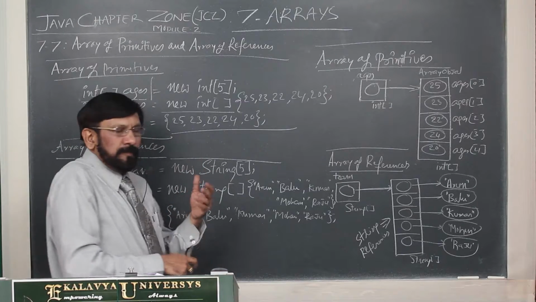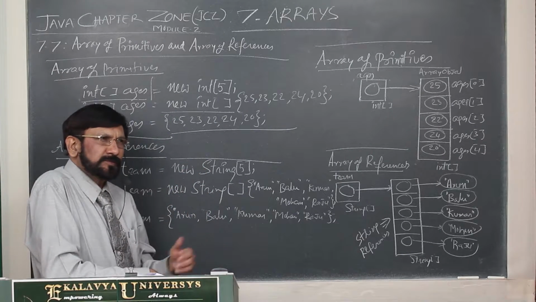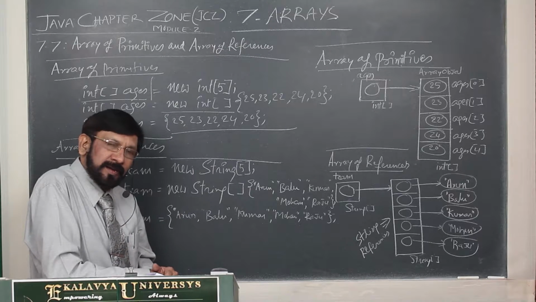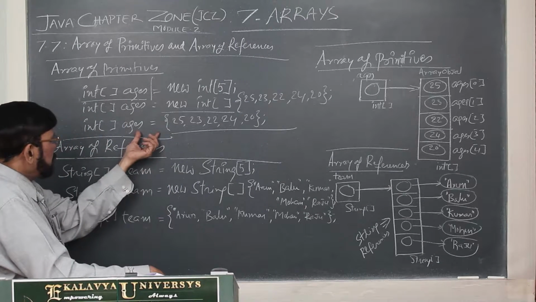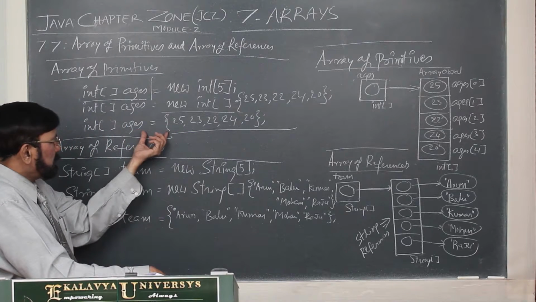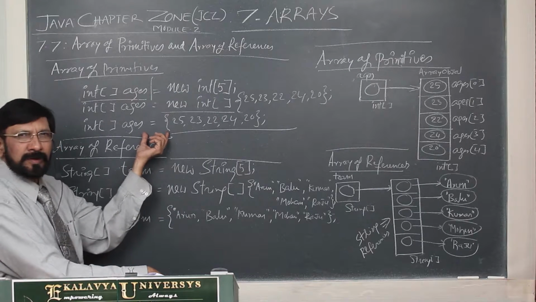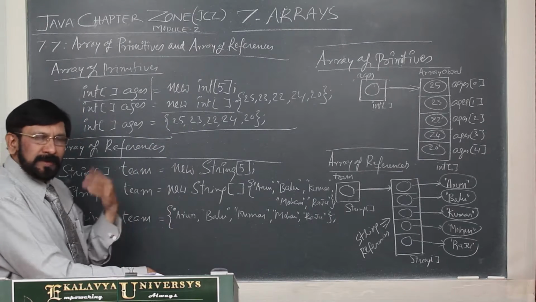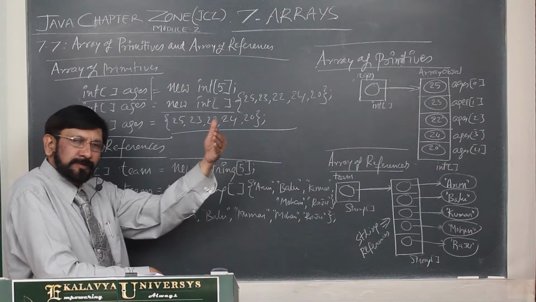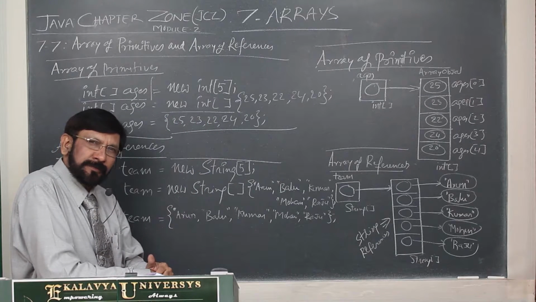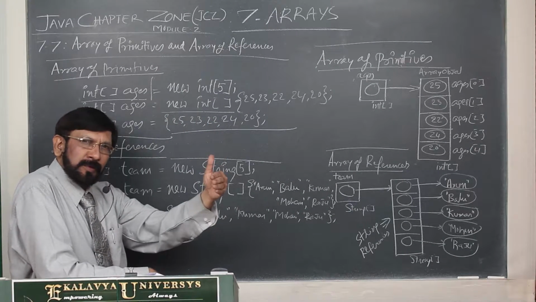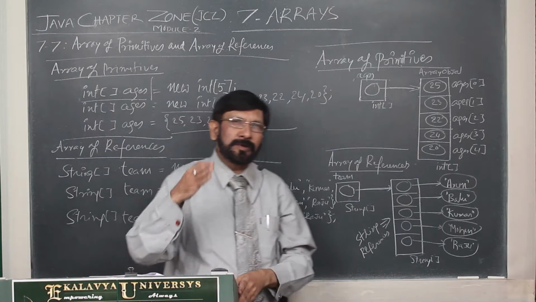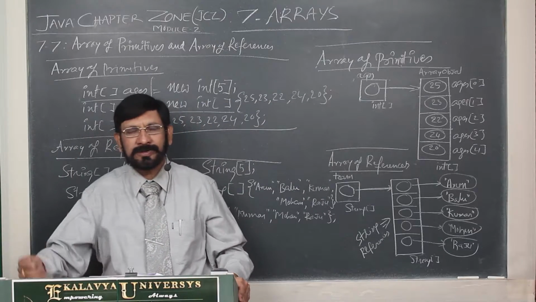So, string is used very frequently, like array. That's why Java has provided a simple type of declaration, because arrays are being used frequently in our programming. Java developers would like to reduce the burden of the programmers.